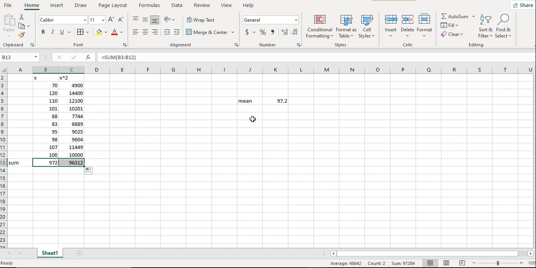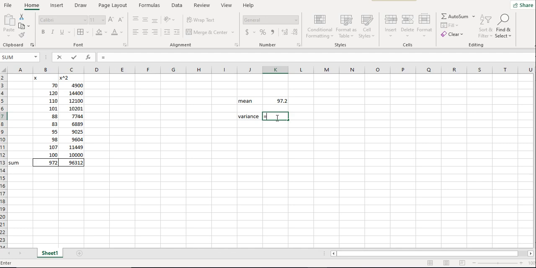What is the formula of sample variance? This is equal to 1 by 10, or this number divided by 10, which I consider in the bracket, minus the mean square. Mean square means minus this square.